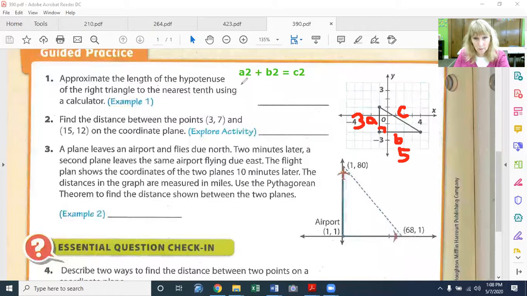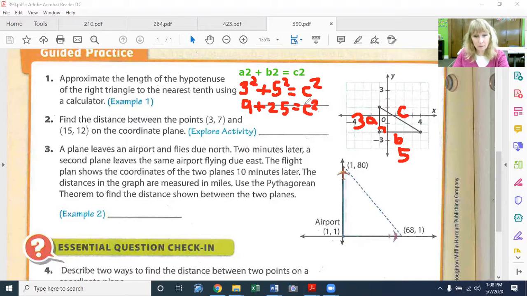So A squared is going to be 3 squared plus B squared is going to be 5 squared equals C squared. So 3 squared, 3 times 3, 9, plus 5 squared, 5 times 5, 25, equals C squared. Add up 25 and 9.